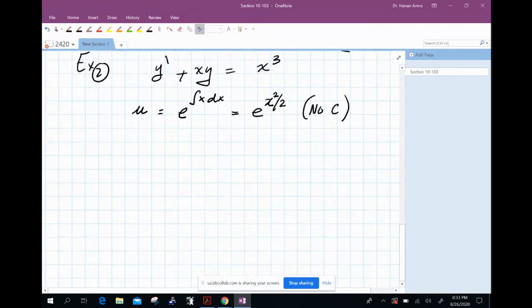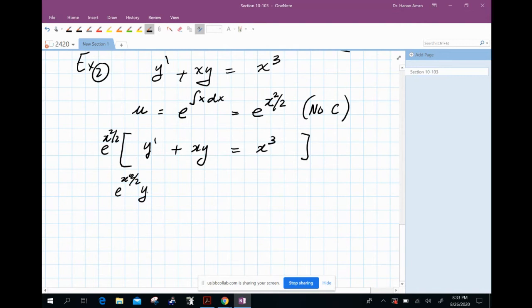Now, it's time to multiply the whole equation, y prime plus xy equals x cubed, by e to the x squared divided by 2. That will be e to the x squared over 2 times y prime plus xy e to the x squared divided by 2, and that's equal to x cubed e to the x squared divided by 2.